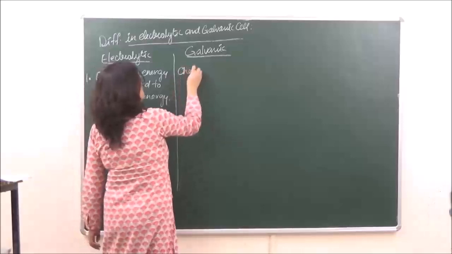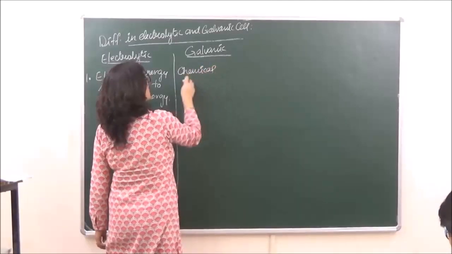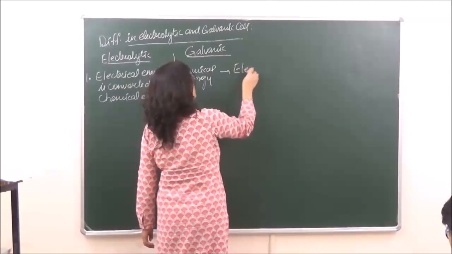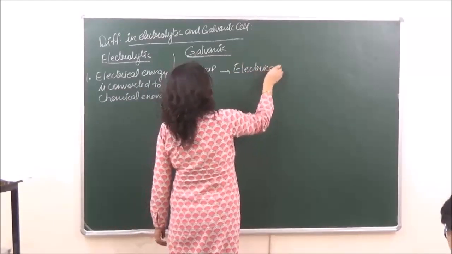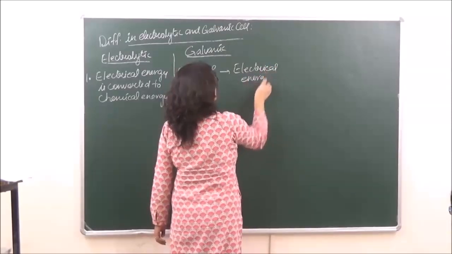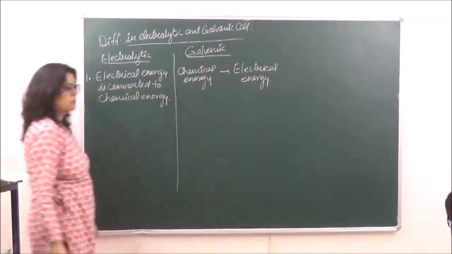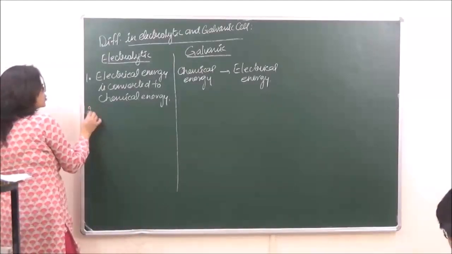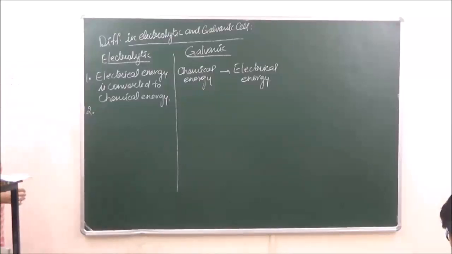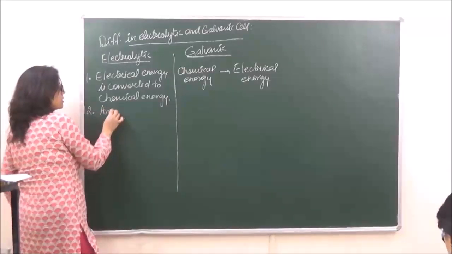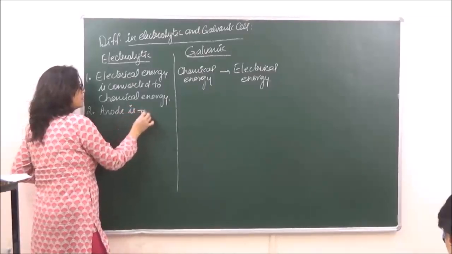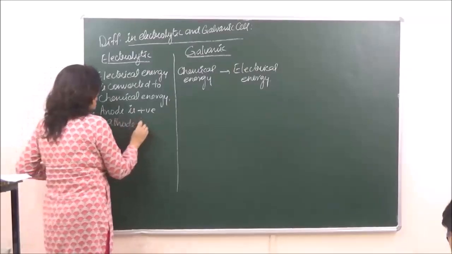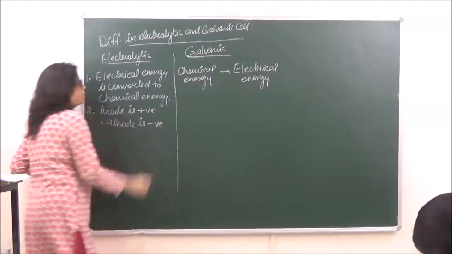In case of galvanic cell, the opposite is happening. Chemical energy is converted to electrical energy. Okay. Number two, in the electrolytic cell, the anode is positively charged and the cathode is negative.